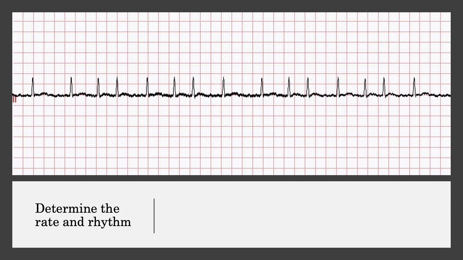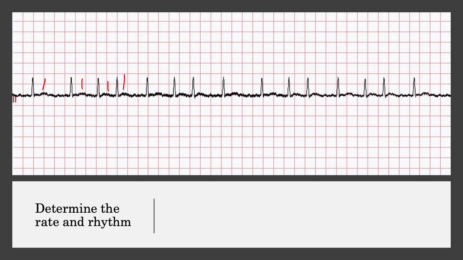My QRS complexes are clearly normal. They are not prolonged. They're less than 120 milliseconds. And so as I move on to my atrial analysis, can I identify any clear discrete P waves? No, I can't. I can probably tease out some T waves just after the QRS complexes. So if I were trying to tease out T waves, there's one here and here and here and here.